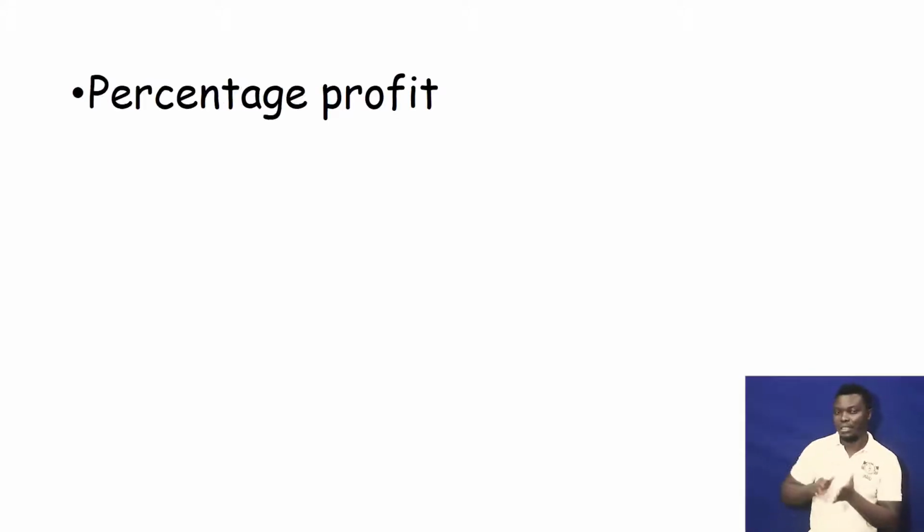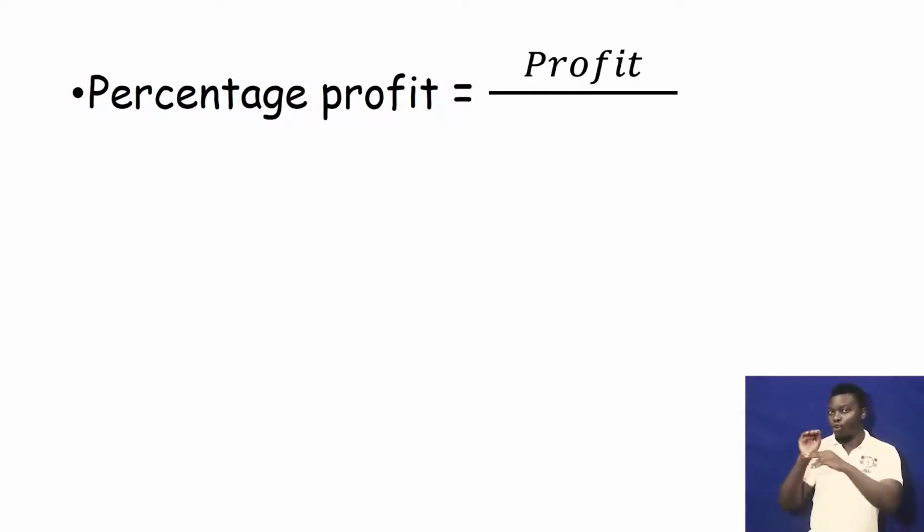Percentage profit. In mathematics, we use formulas all the time. And today, I'm going to show you the formula for calculating percentage profit. Percentage profit is equal to the profit over cost price multiplied by 100.